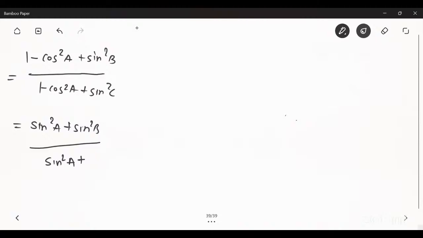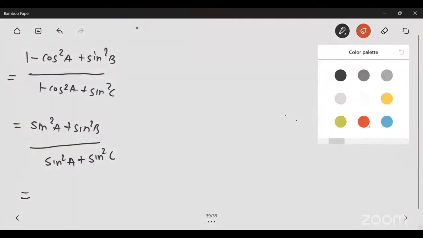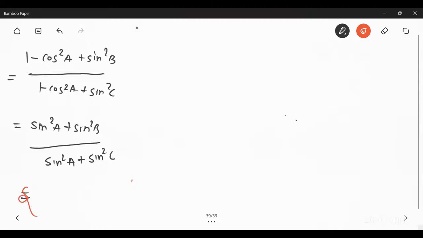And the sine rule tells us that according to the sine rule, a upon sine a is equal to b upon sine b is equal to c upon sine c is equal to 2r. So a is equal to 2r sine a, b is equal to 2r sine b, c is equal to 2r sine c.